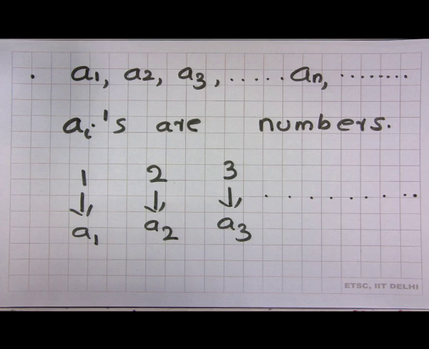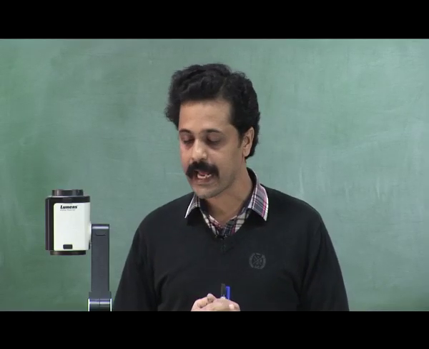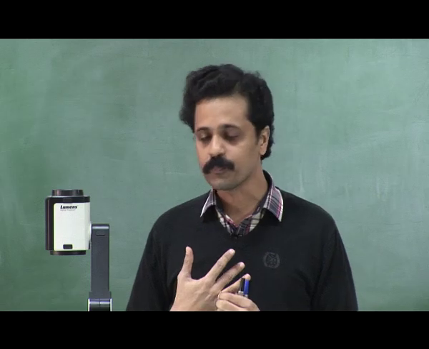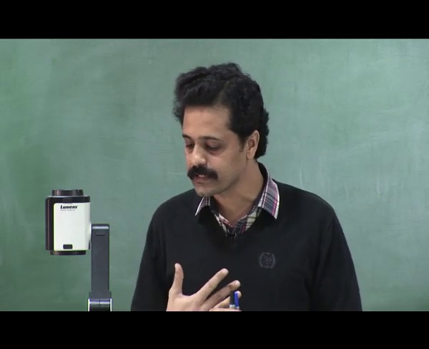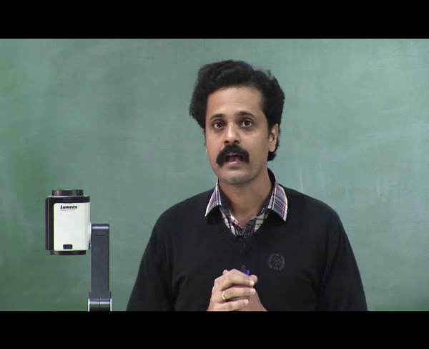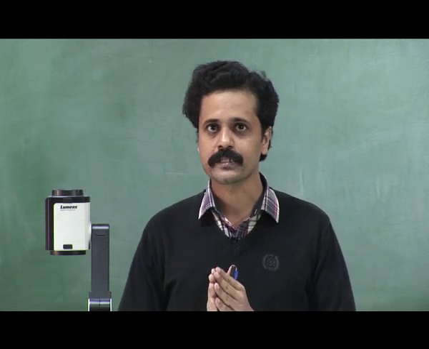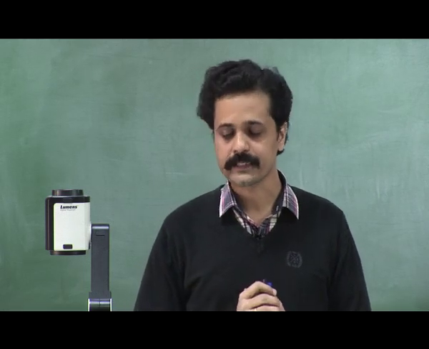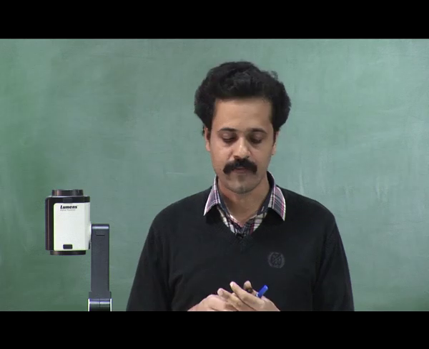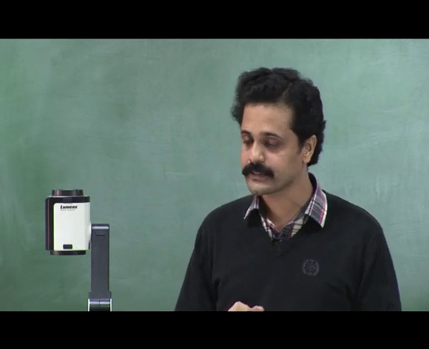Could you see an input-output arrangement here with inputs as the places 1, 2, 3, and so on, and output as the numbers we listed A1, A2, A3, so on? Yes. Recall that an input-output arrangement, that is a rule which gives a unique output to each input, is what we call mathematically a function.